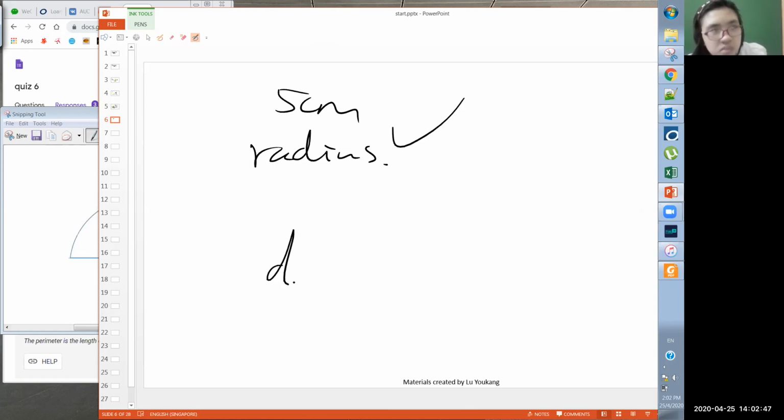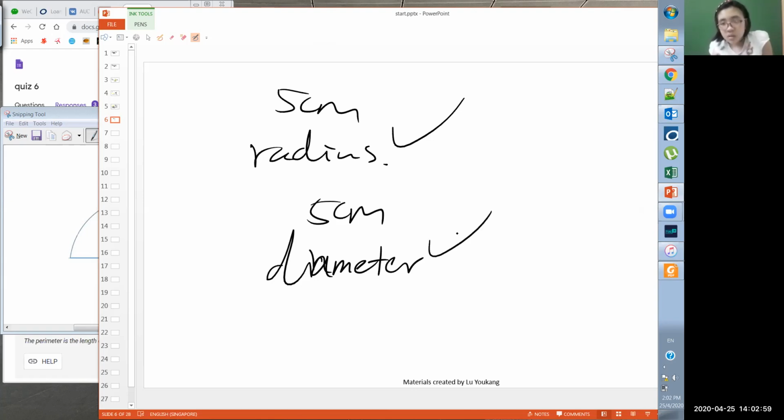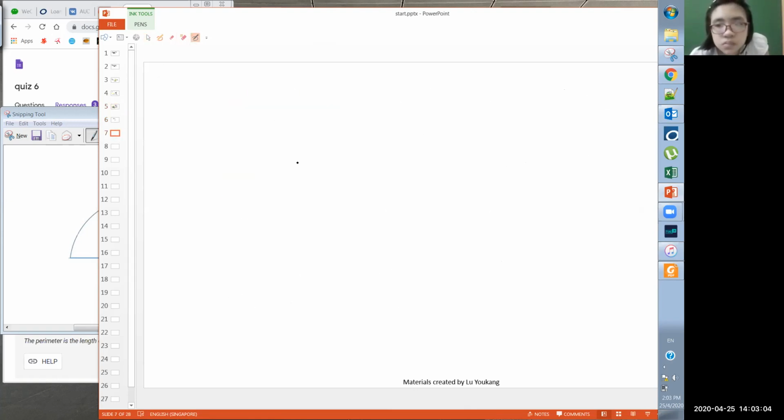So if I write diameter here and I write 5 cm above, what does it mean? The 5 cm is the diameter. Very good. So if I write diameter, I write 5 cm here.